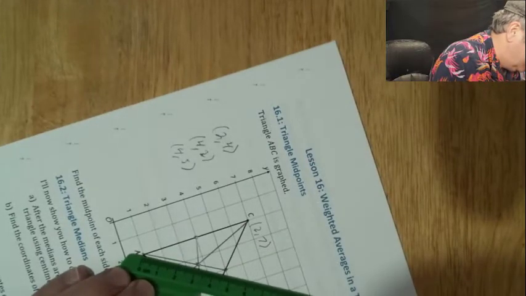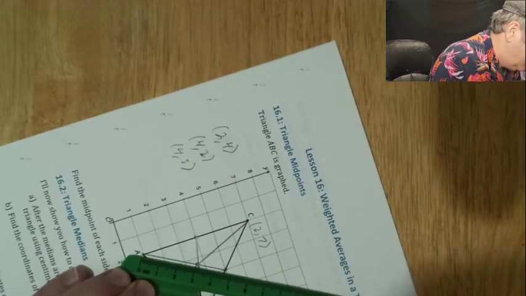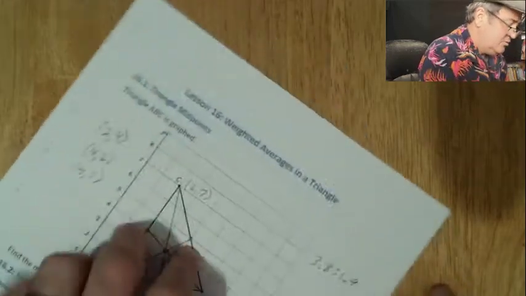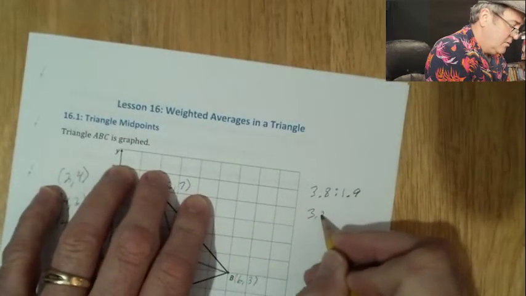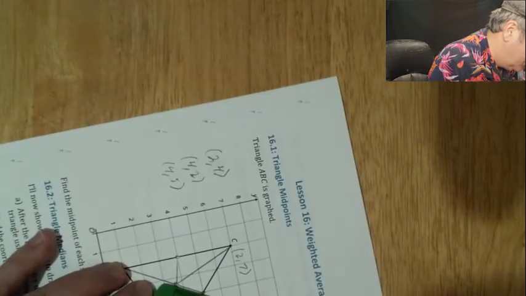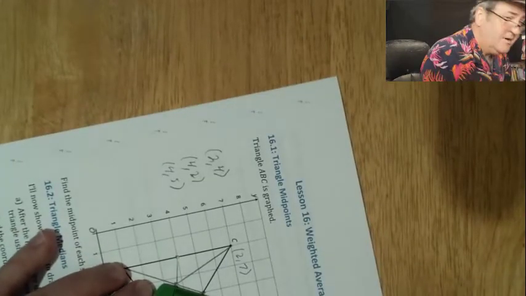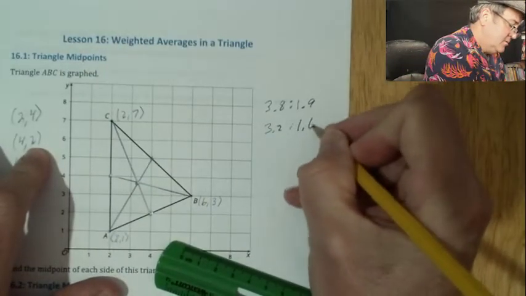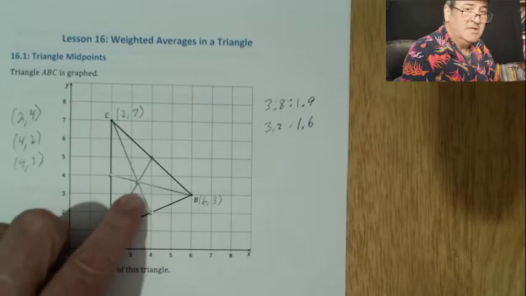So the longest section of this appears to be 3.2, compared to 1.6, just barely. You can see that 1.6. This is the longest and that's the shorter one.